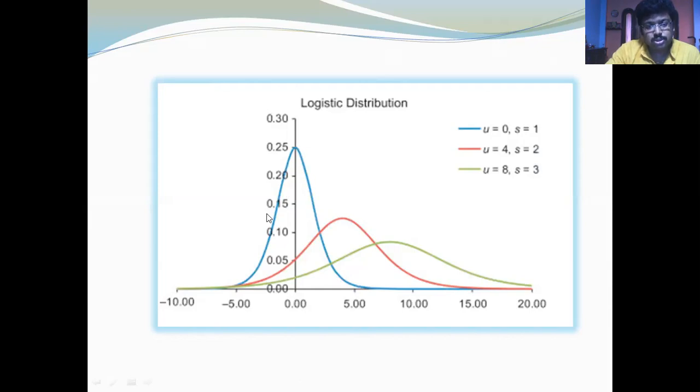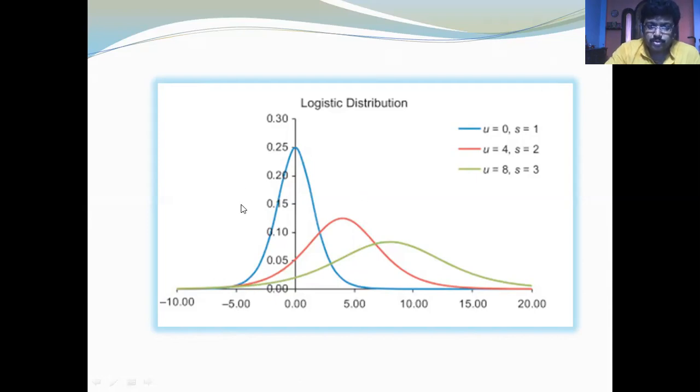When the mean is 4 and the standard deviation is 2, then this red line will be the logistic distribution curve. When the mean is 8 and the scale parameter is equal to 3, then this green line is the logistic distribution curve.